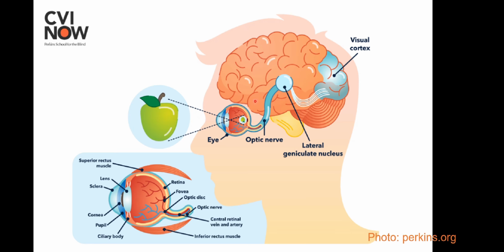These electrical signals travel through the optic nerve to the visual cortex, the part of the brain where meaning is derived from those electrical signals.